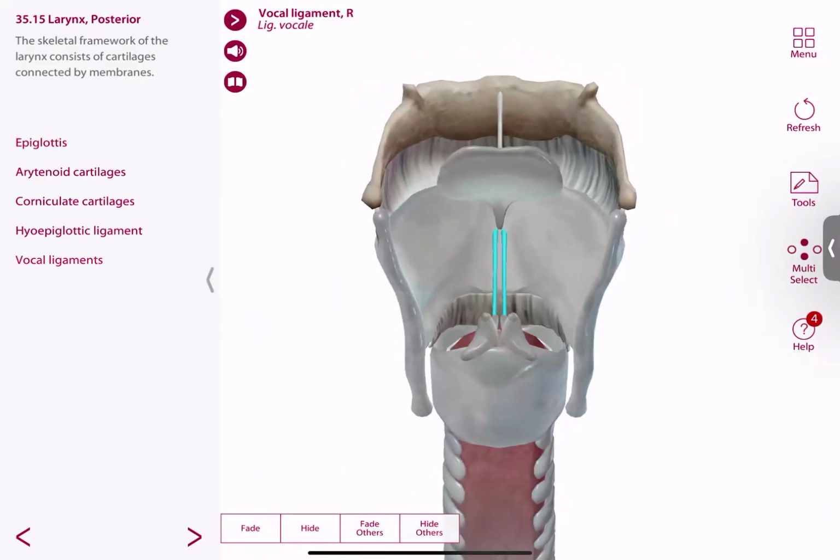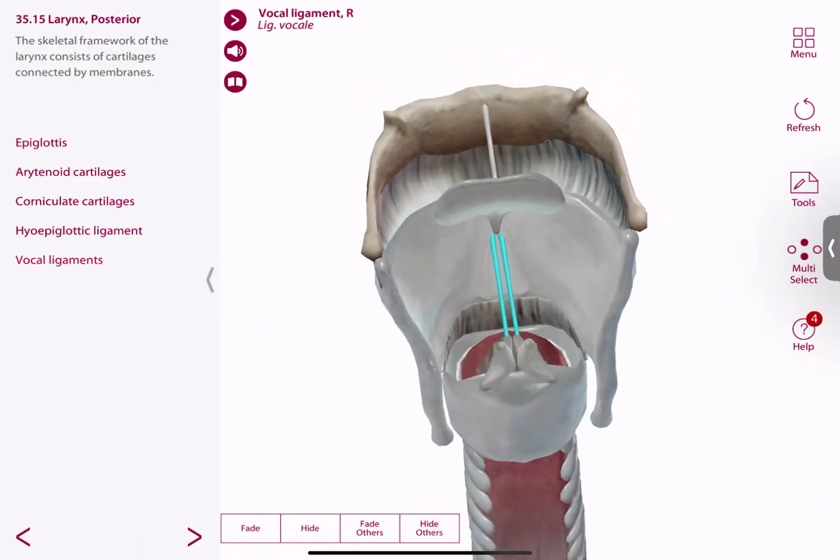And these are the vocal ligaments. These vocal ligaments are attached to the vocal cords. Since the vocal cords vibrate as air passes through them, that is when they help in producing sound. So as the air is being exhaled, these vocal cords will vibrate, and that is what causes them to produce sound. Since the sound is produced from the larynx, we call the larynx also the voice box.